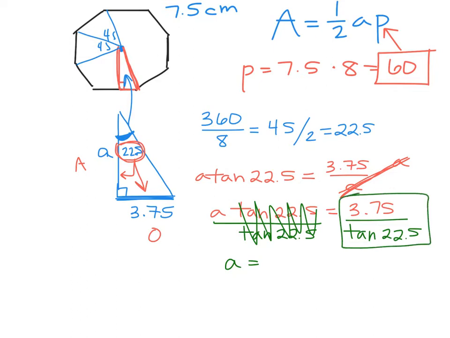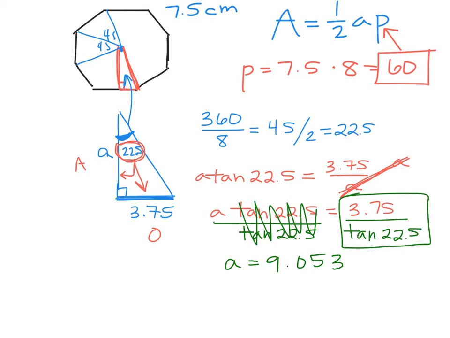Now, here's the deal. When you plug that in, you're going to get a really random number. 3.75 divided by tan 22.5 is this number. Okay, 9.053300859. Your final answer is going to be to the nearest tenth.